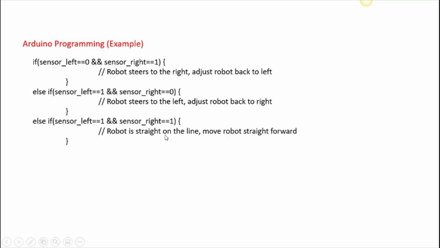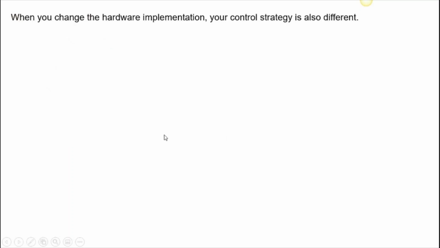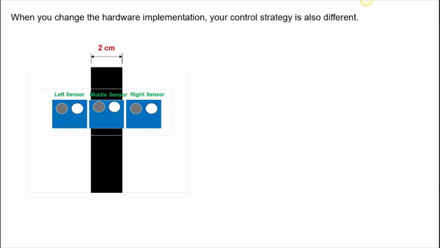So if you change the hardware implementation, definitely the control strategy will be different. For example, you are going to use 3 sensors, and you put 1 infrared sensor in the middle of the line. So meaning that you have 3 sensors now.